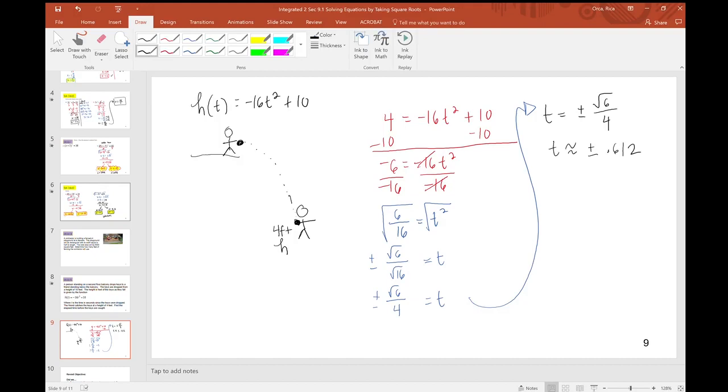So we're referring to time, class, so time should be positive. And because this is a word problem, let's write our answer in a sentence. It will take 0.612 seconds for the keys to be caught.